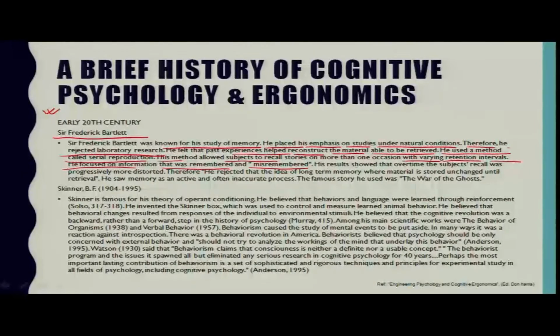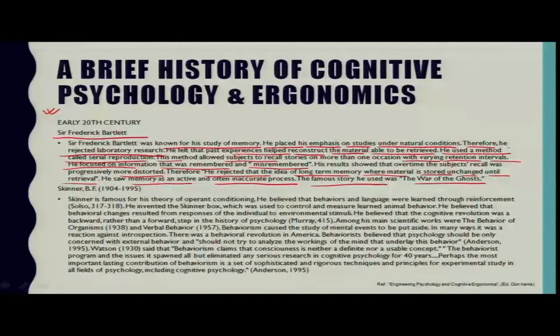His results showed that over time the subject's recall was progressively more distorted. Therefore, he rejected the idea of long-term memory where material is stored unchanged until retrieval. He saw memory as an active and often inaccurate process. The famous story he used was the War of the Ghosts.